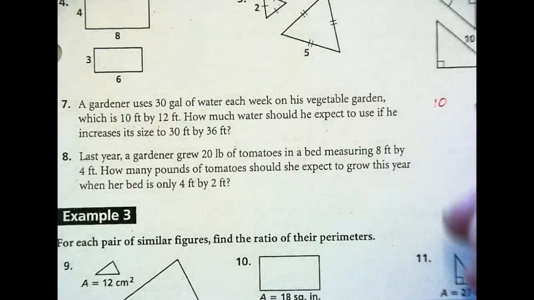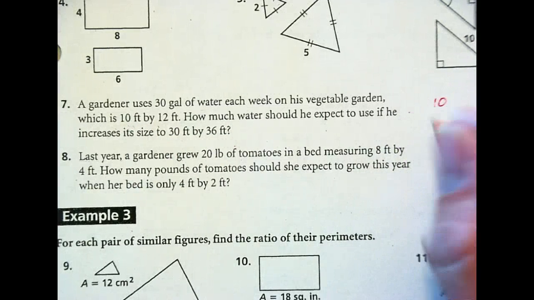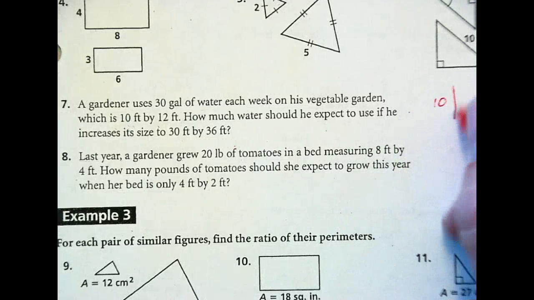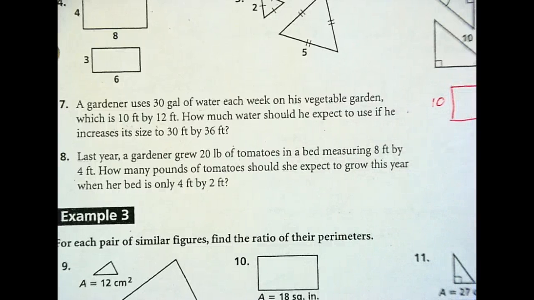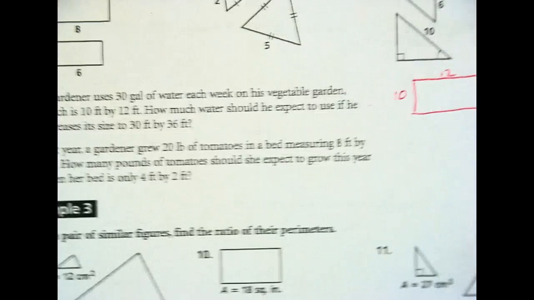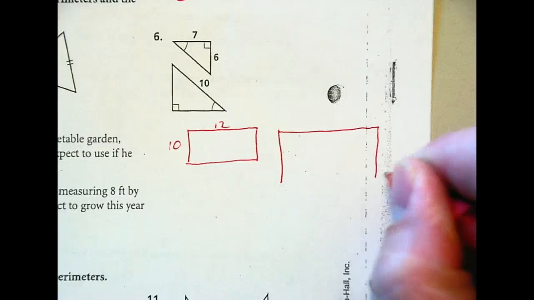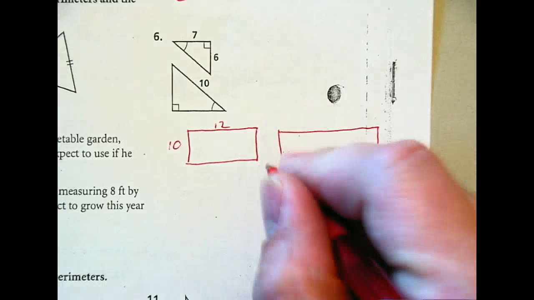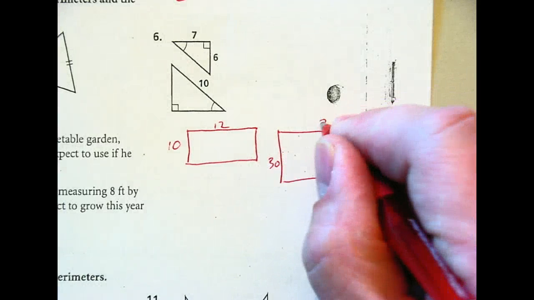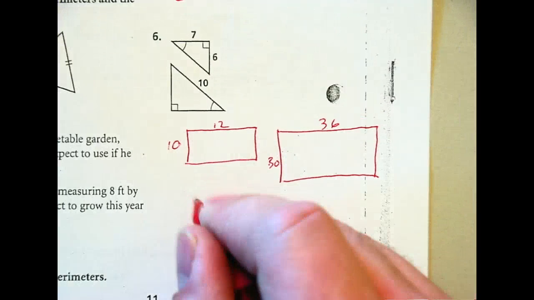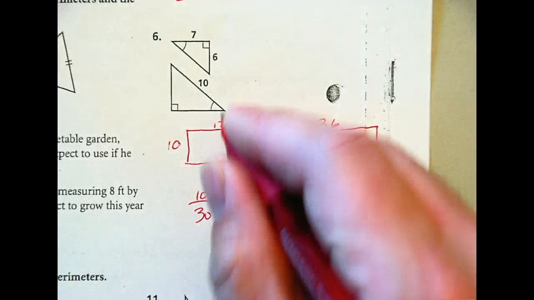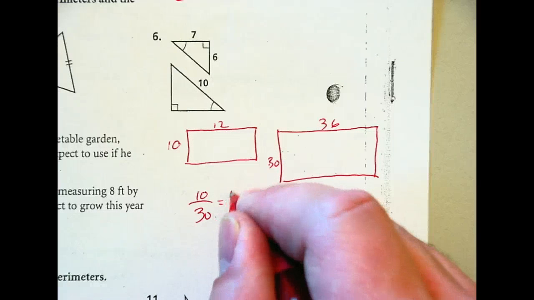So if you think of the garden, you have 10 maybe on a side and 12 here. And it becomes now 30 is to 36. So 10 is to 30, and 12 is to 36. Those are equal, right?